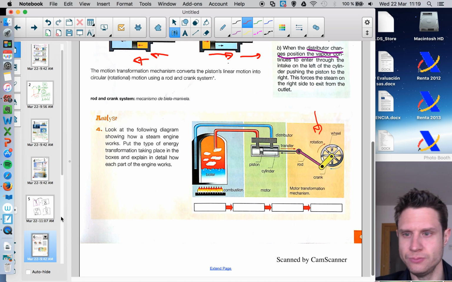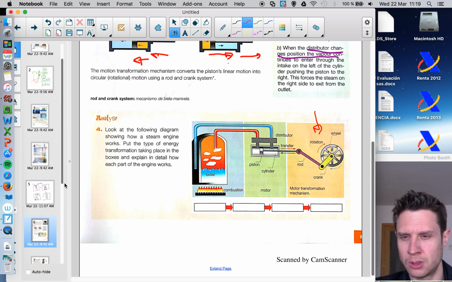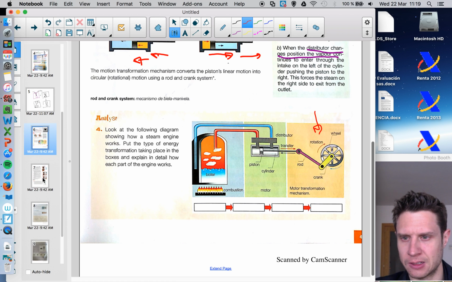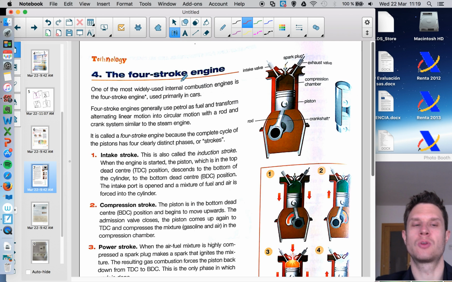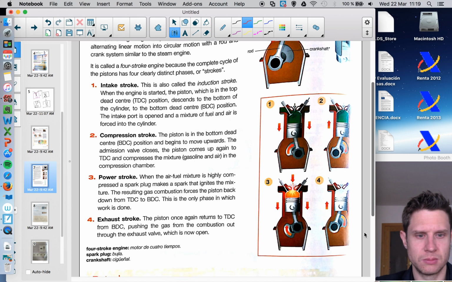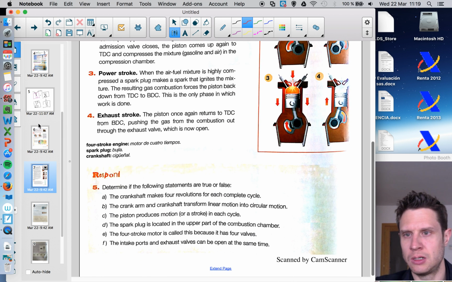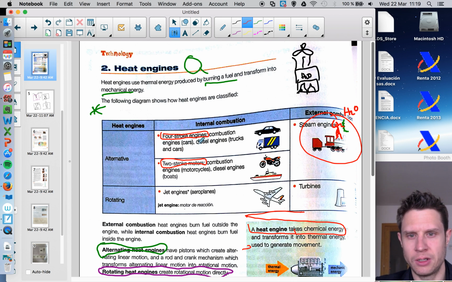Just to introduce the next video, this is a four-stroke engine, so it has four phases. These are the ones in cars and trucks.